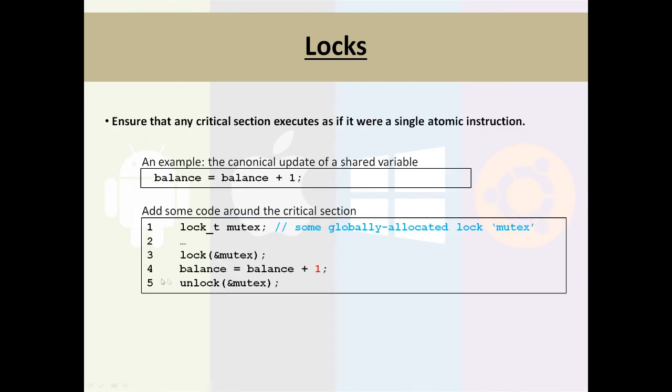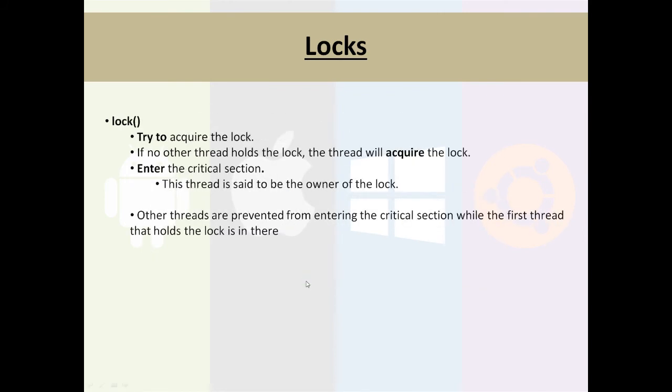So if I just go back one slide. If this states that a lock is held, that means that some other thread must be processing this balance is equal to balance plus one instruction. Okay. So our lock function, how it works is that we try to acquire the lock first.